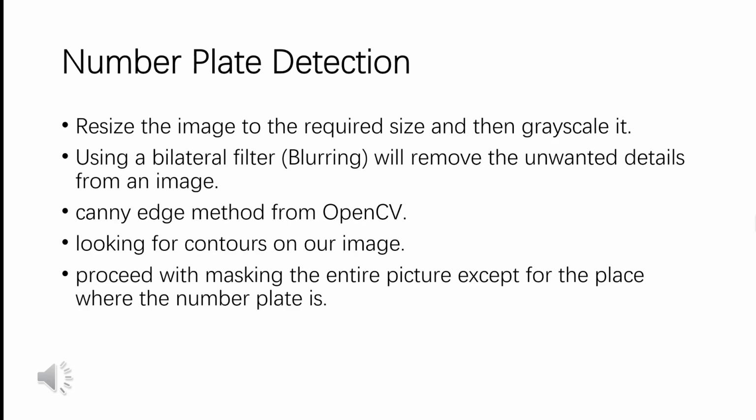In our image, the contour could be anything that has a closed surface, but of all the obtained results, the license plate will also be there since it's also a closed surface. After we know where the number plate is, the remaining information is pretty much useless for us. So we can proceed with masking the entire picture except for the place where the number plate is.